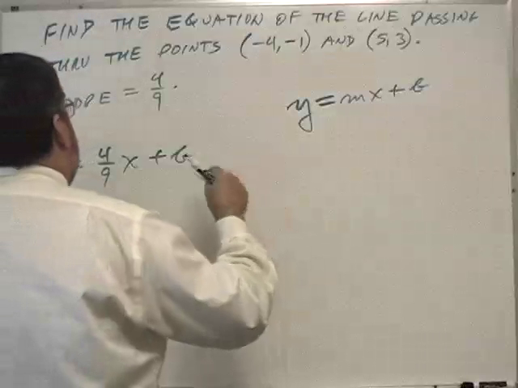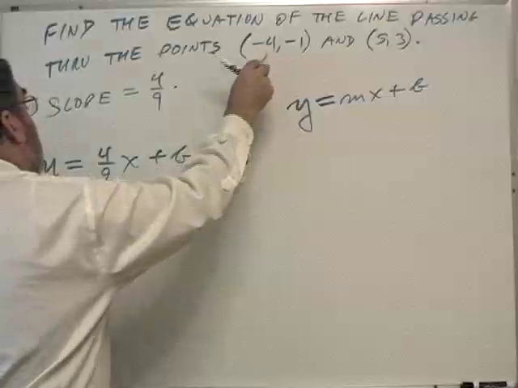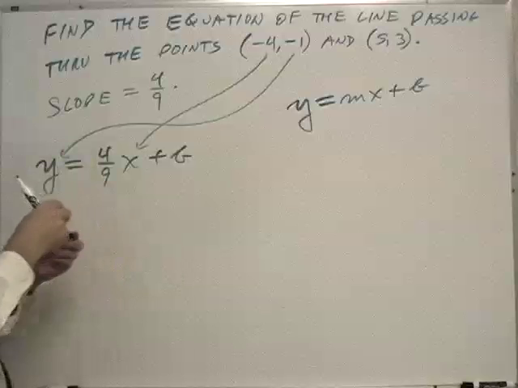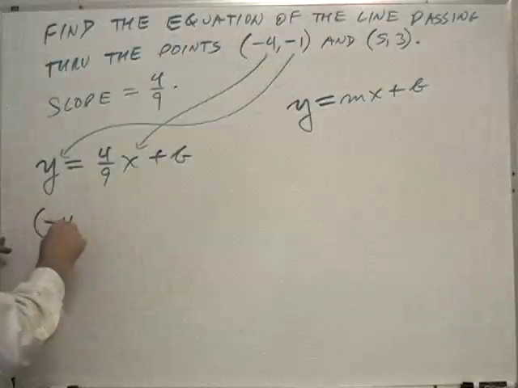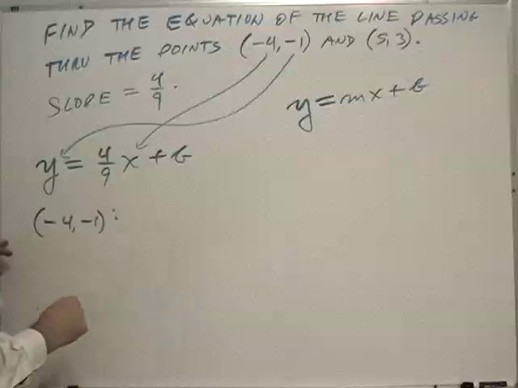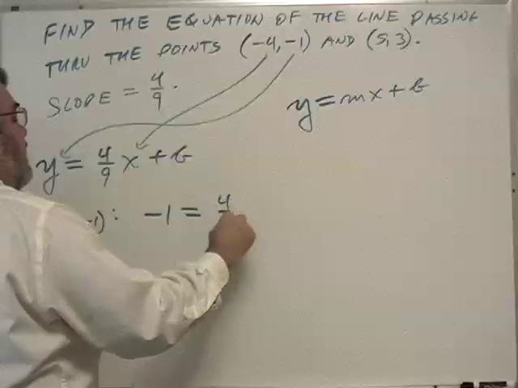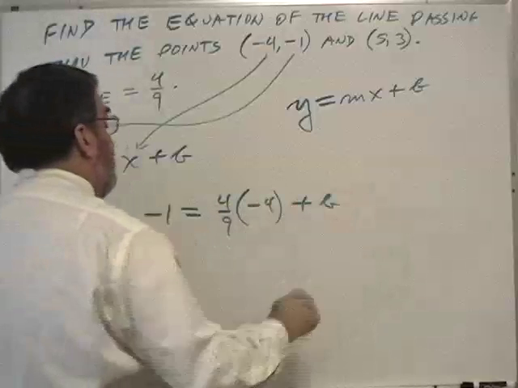If I take this point, -4 goes in for x, -1 goes in for y. So I'm checking the point -4, -1. And this gives me -1 equals 4/9 times -4 plus b.